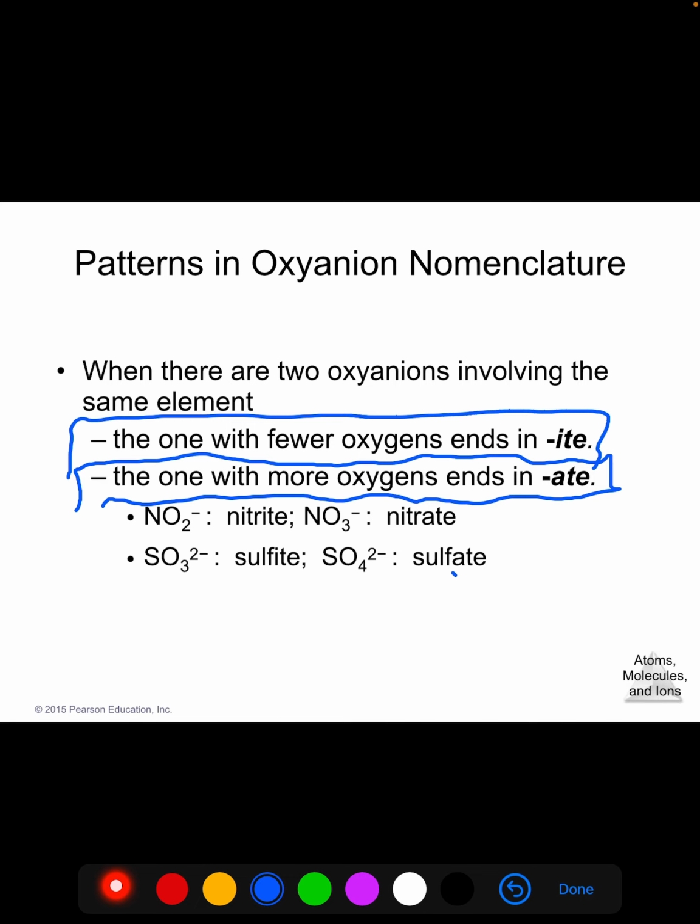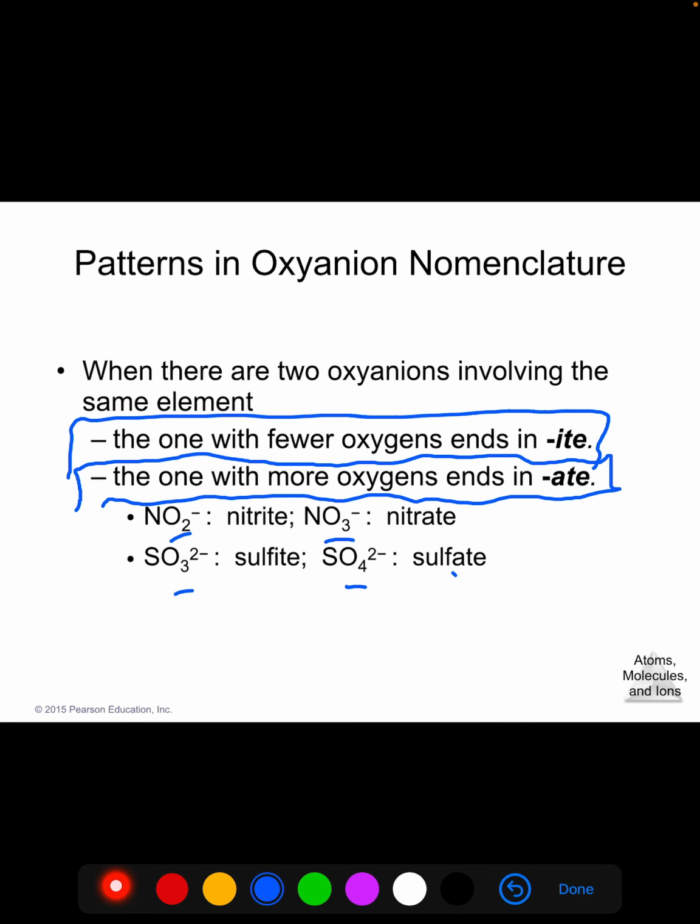So sulfite is SO3. Nitrate, ammonium nitrate, common fertilizer, also an oxidizer. Nitrate is NO3, and nitrite is NO2. And they have the same charge, but one less oxygen from ate to ite.